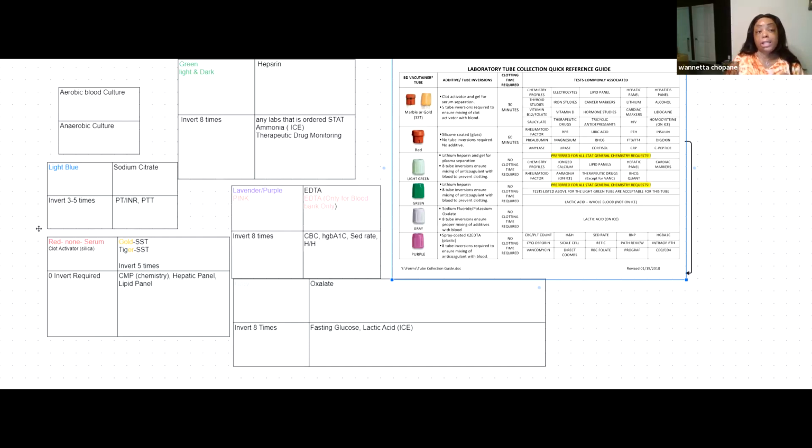Whether you get the version that says liver panel or the version that says hepatic panel, they're the same thing, okay? So that's why I want you to write down hepatic panel, but just write down liver next to hepatic. But that is the second most common test in the SST tube. The third most common test in the SST tube is your lipid panel. And I also instructed you guys to write cholesterol because that's the same thing.